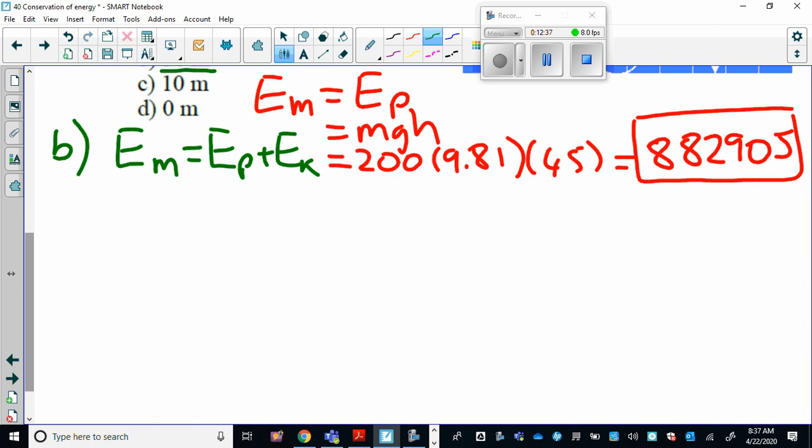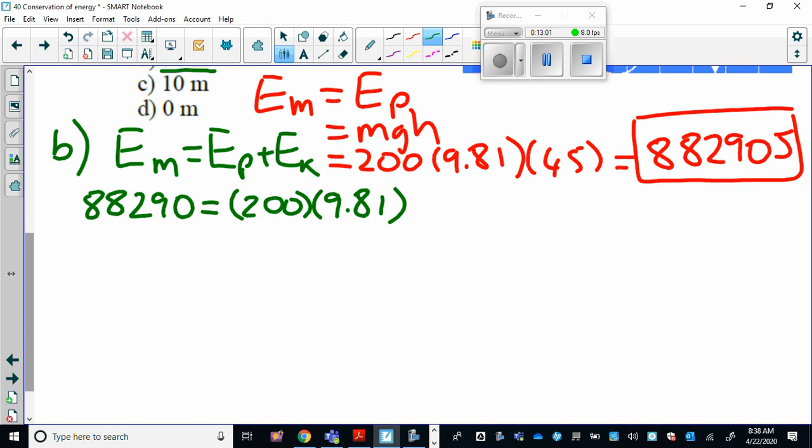Let's plug in the numbers right away, because we automatically know that the mechanical energy is 88,290. We know that the potential energy is going to be mgh. What was the m? The mass, 200. G, once again, there's no negative because energy is a scalar quantity.